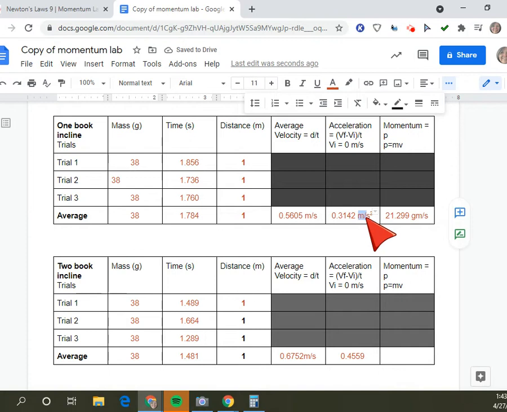I'll just copy this right here. So our acceleration was faster, our velocity was faster.